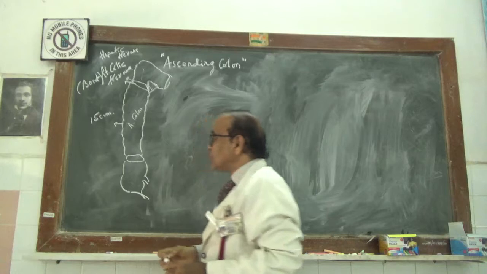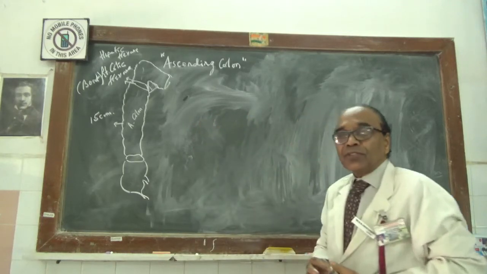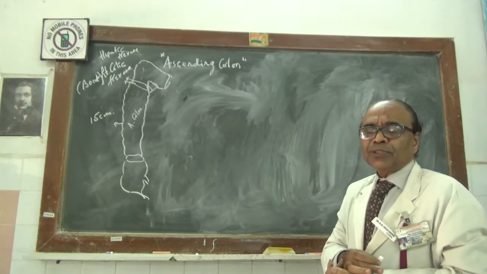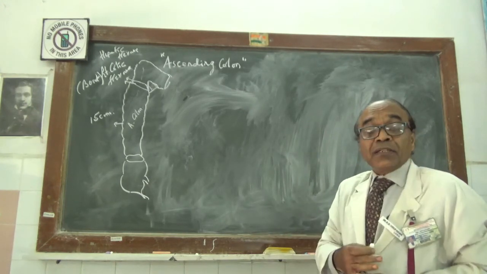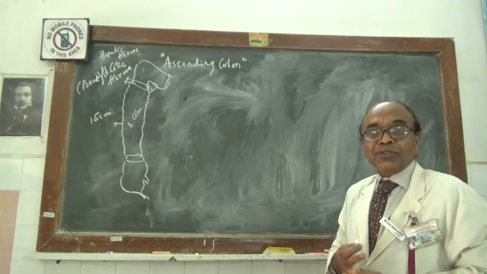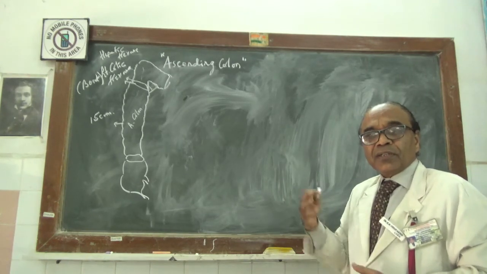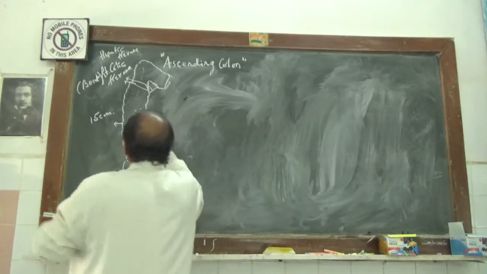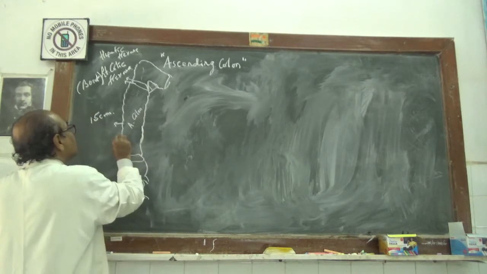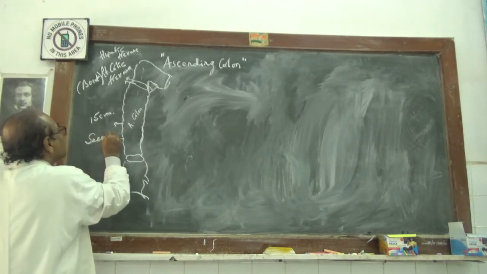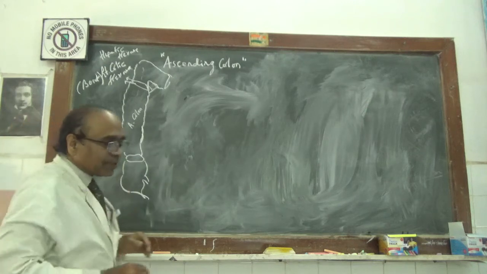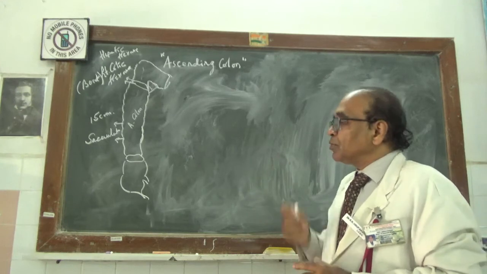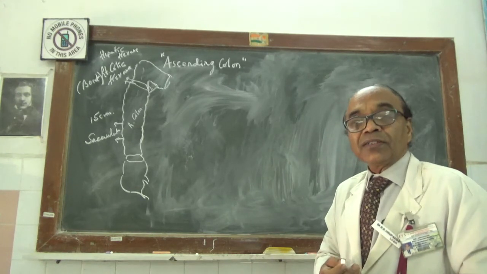Now the ascending colon will have the characters of all the large intestine, because it is part of the large intestine. So it will have sacculations, the puckered part of the external portion of the ascending colon.